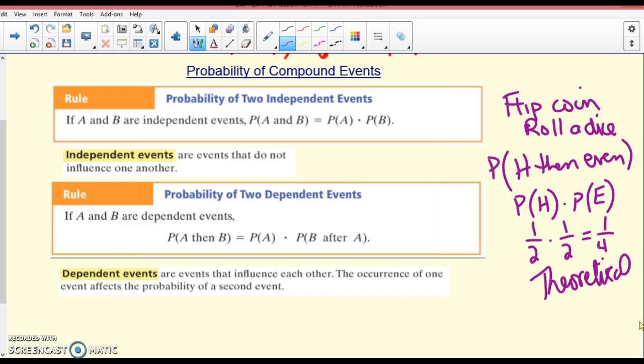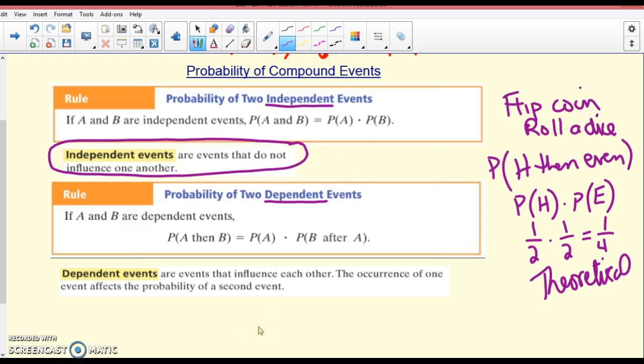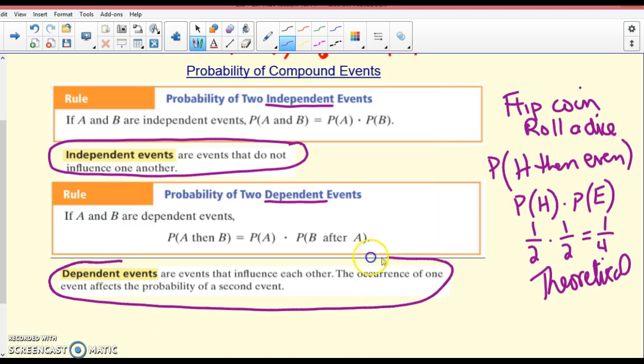Now, the type that we are learning about today is dependent and independent. Independent: they do not affect each other. Dependent: one event affects the other. Let me ask you a question.